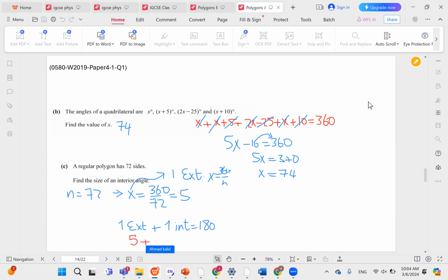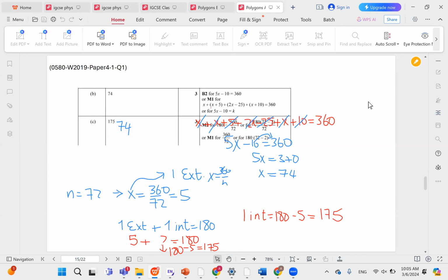So 5 plus something gives us 180. So this something must be 180 minus 5, which is 175. So therefore, one interior angle, let me write this here more clearly, equals 180 minus 5, which is 175.